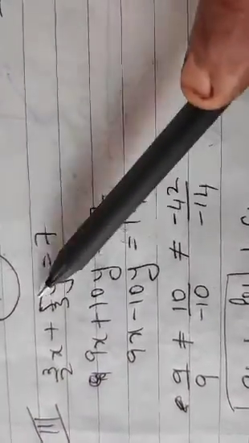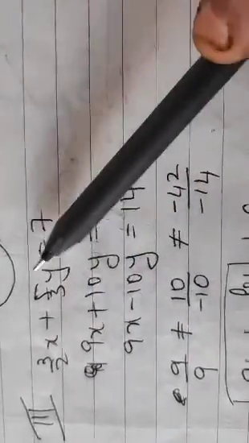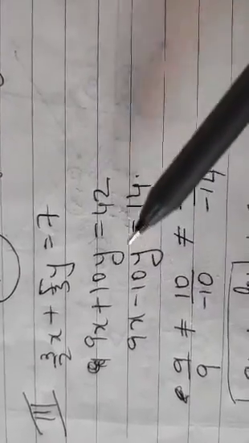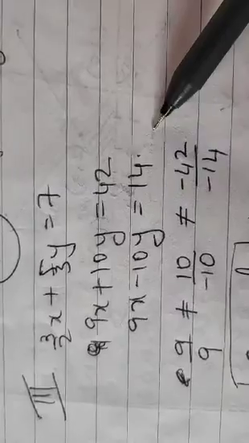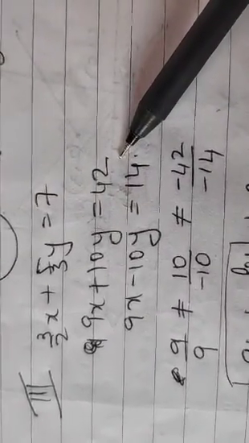3 upon 2x, 5 upon 3y is 7. If you take LCM, 3 3s are 9, 2 5s are 10. So 9x plus 10y is 6 7s are 42. This is how the first equation is written. So 9x minus 10y is 14. That is the second equation, which is directly given to you. This is the first equation which, after taking LCM, will look like this.